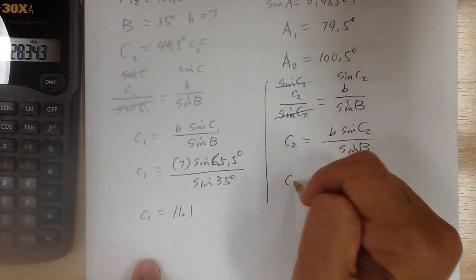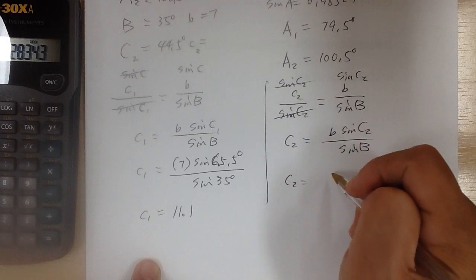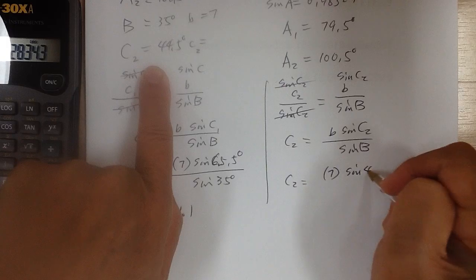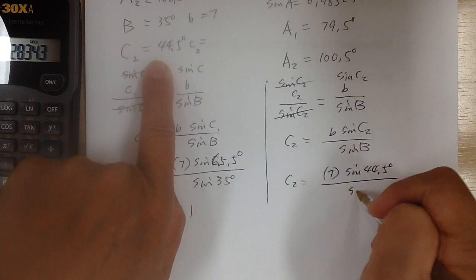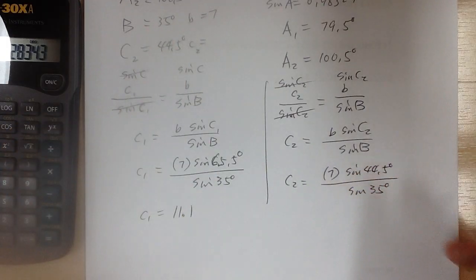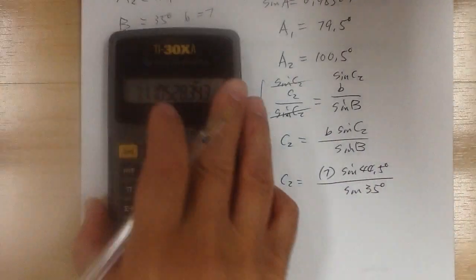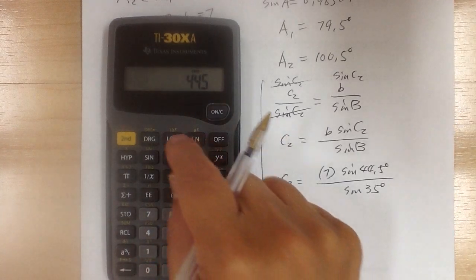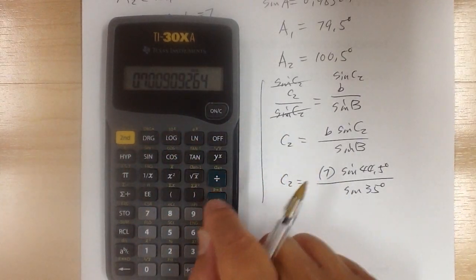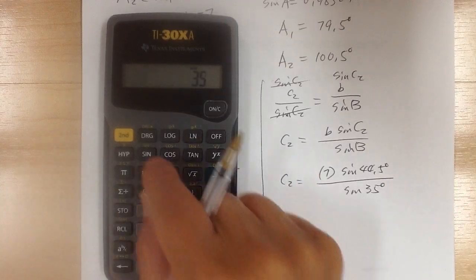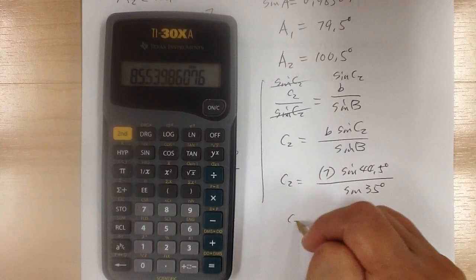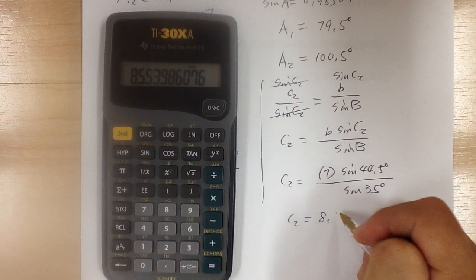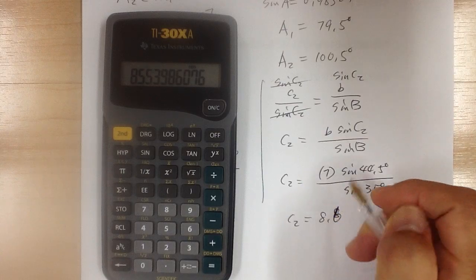So c2 equals 7 times sine of 44.5 degrees over sine of 35 degrees. Enter all the information: sine 44.5 times 7 divided by sine 35 equals 8.55, so it'll be 8.6.